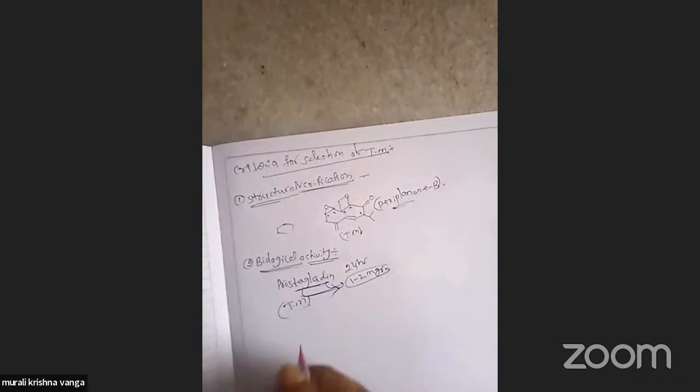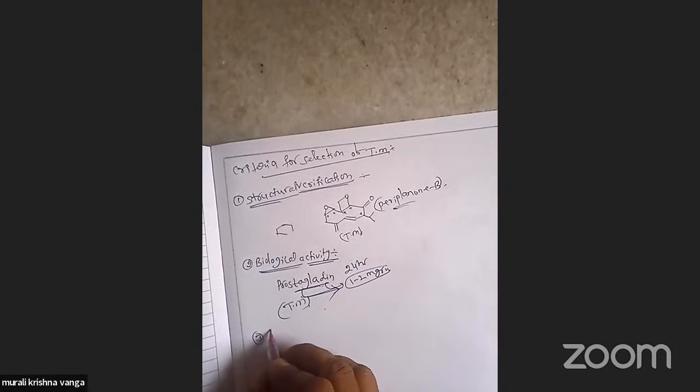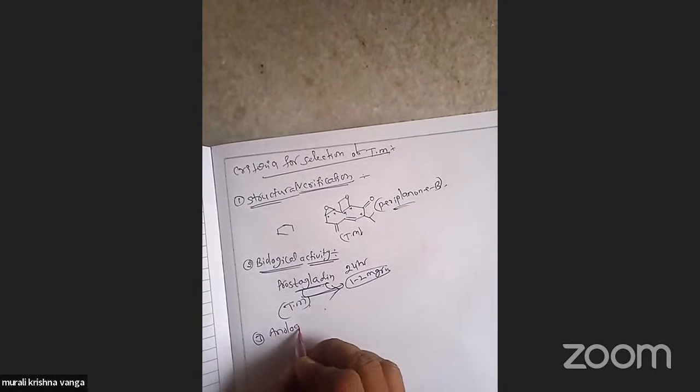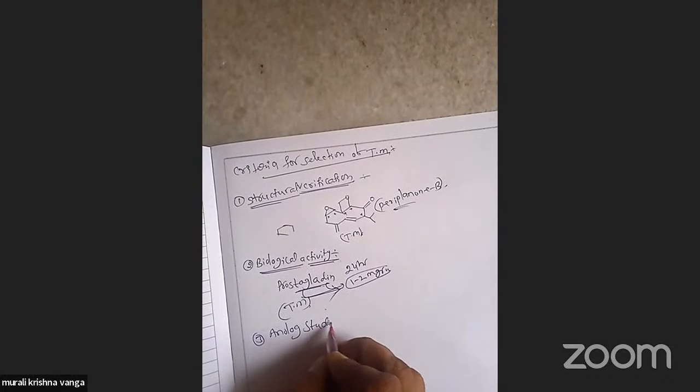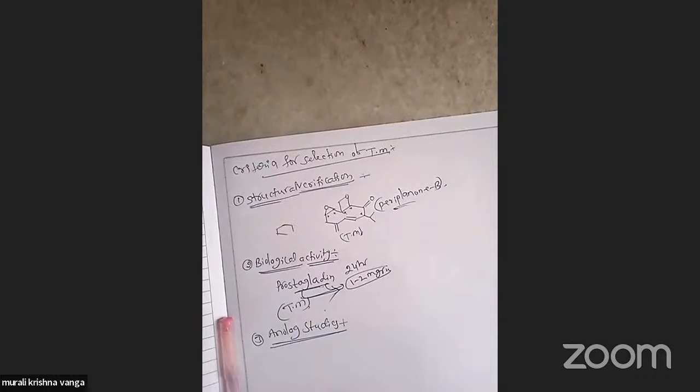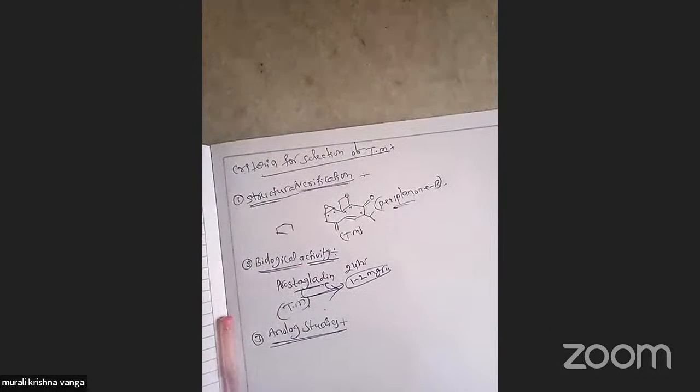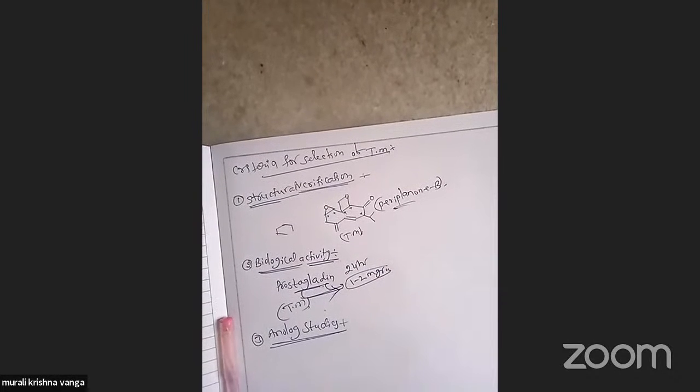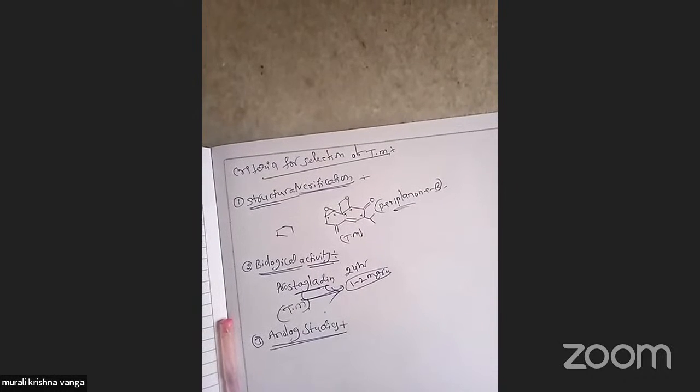Next one is analog studies. Analogs means the same structure but with small changes. In order to reduce side effects and improve medicinal activity, structural modification is required, so analog structures are taken for good activity molecules.